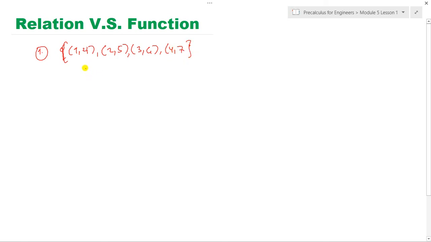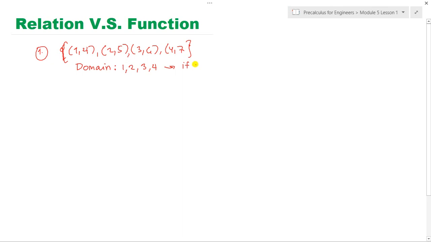In order to tell whether this is a function or not a function, all you need to do is write all the values of your first number, or your x, or your domain, or your independent variable. So here, what are the values of our domain, class? The first pair is 1, the second is 2, the next is 3, and the last one is 4. After listing all the values of our domain, the next step is to make a judgment.